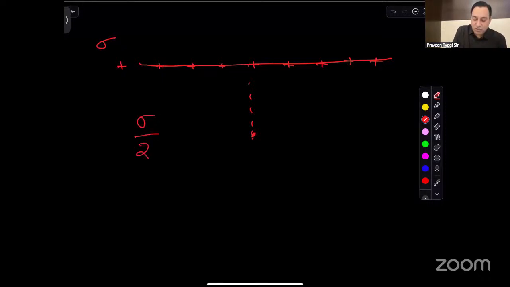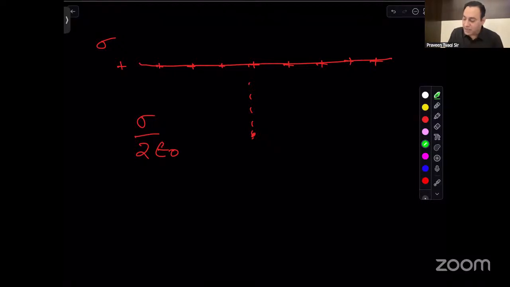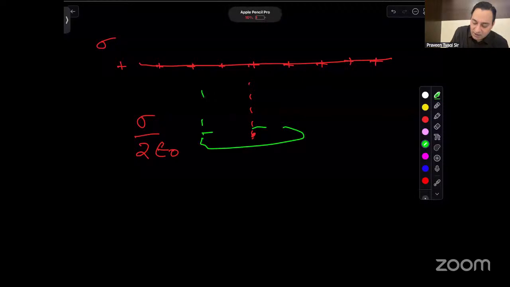Sigma upon 2 epsilon naught. We found this. We can use Gauss theorem also and find it quickly. I can quickly show you, but right now I'm wanting to focus on the chapter called capacitance. So I'm just reminding you these results, but very quickly I can say you make a Gaussian surface.